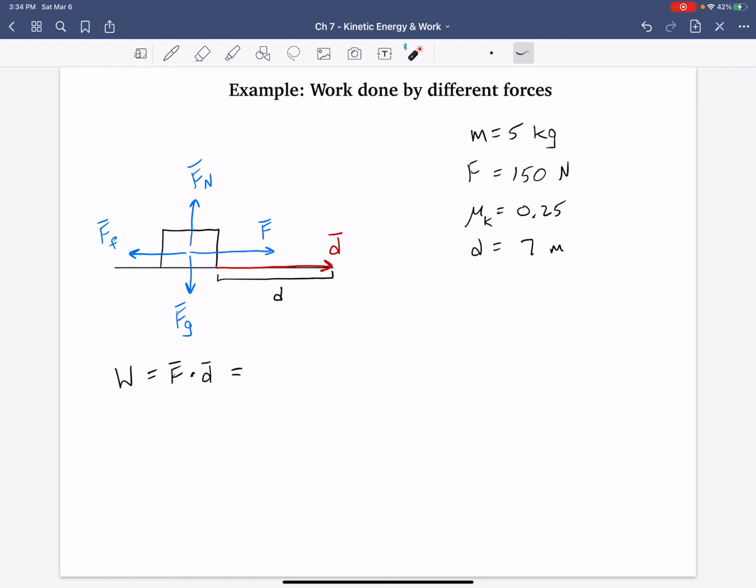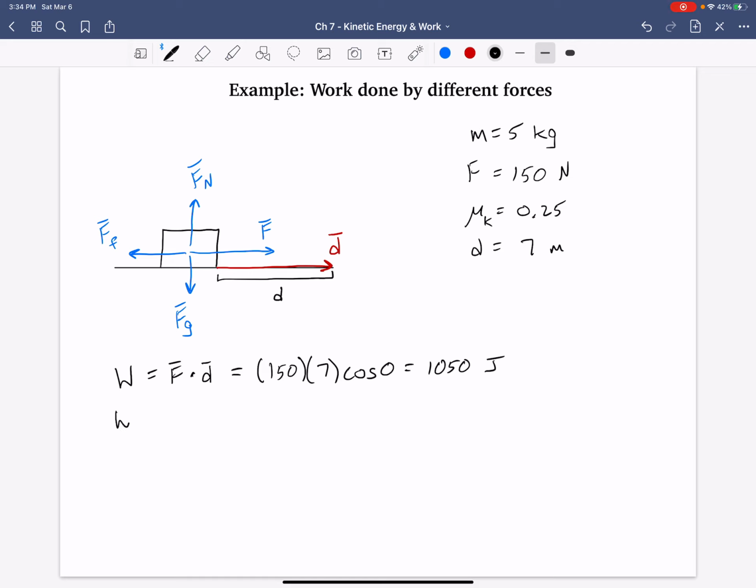In other words, that force changes this object's energy the most. So the magnitude of that was 150, and the displacement magnitude was 7. And don't forget about the cosine. Cosine of the angle in between, well, that's 0. So that's just 1. Okay, so this equals 1,050 joules.